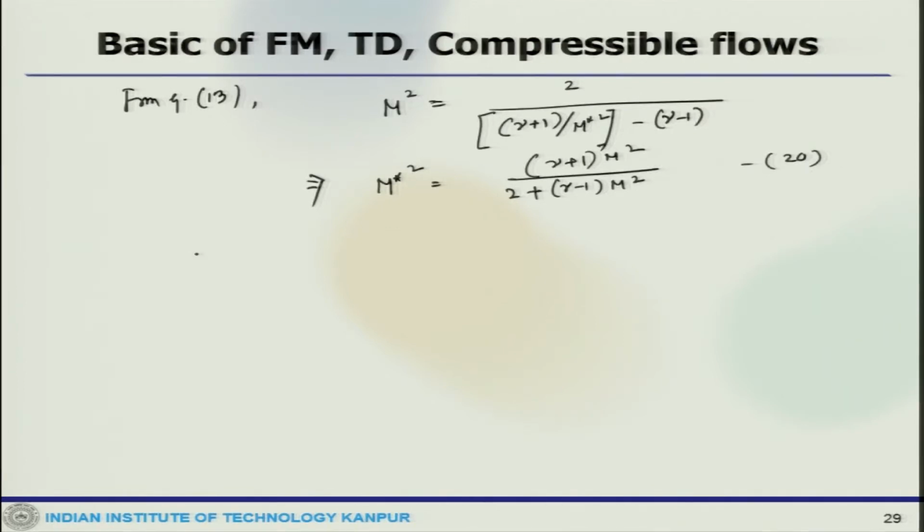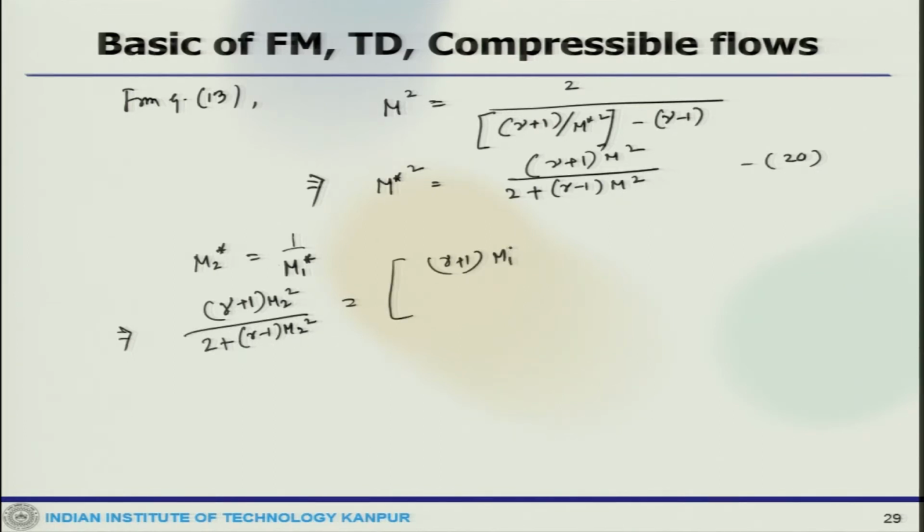So, what we have is M2 star equals 1 by M1 star. Now, we put equation 20 here, and what we get is (gamma plus 1) M2 square by 2 plus (gamma minus 1) M2 square equals 2 plus (gamma minus 1) M1 square by (gamma plus 1) M1 square, all inverted.